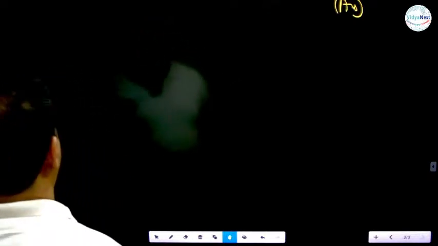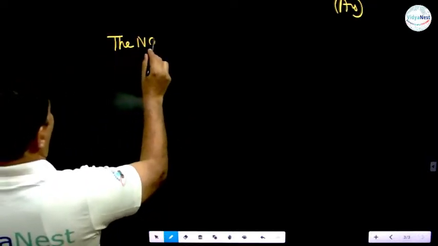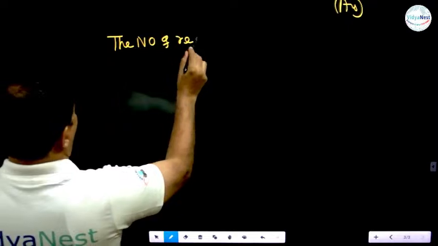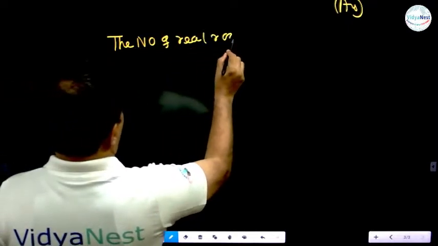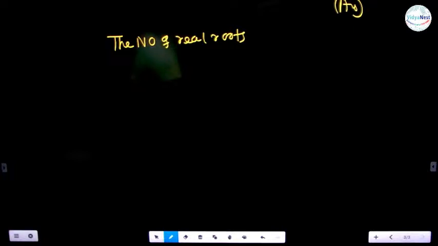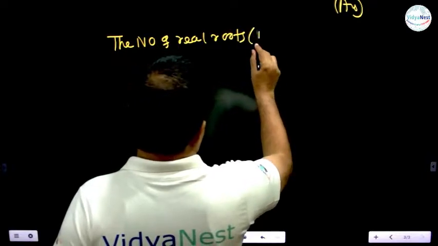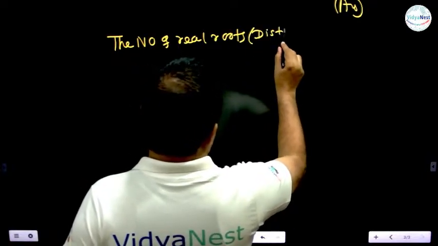See, this sum is a good sum, a new type. The number of real roots, obviously distinct, not repeated.